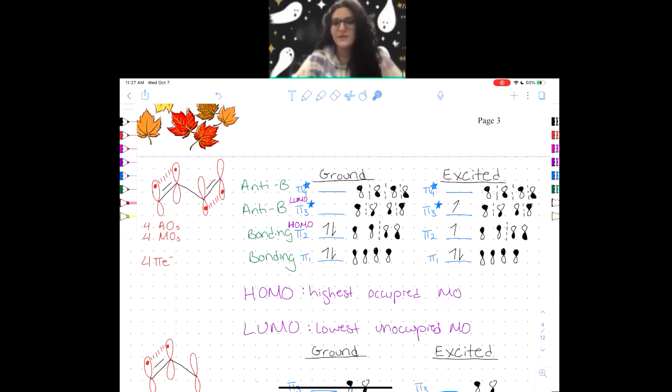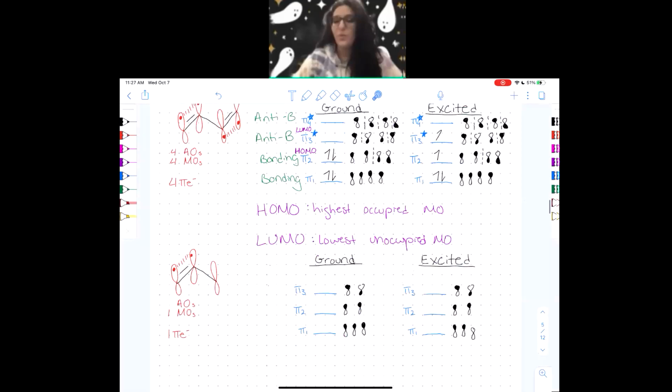So instead of changing this to a bonding orbital, you're actually just going to change that there is now one electron in the anti-bonding orbital, which is weird, but for some reason that's how they keep it. And if you think about it, it kind of makes sense because, again, you're not changing the container, you're just changing what's in the container, if that makes a little bit more sense.